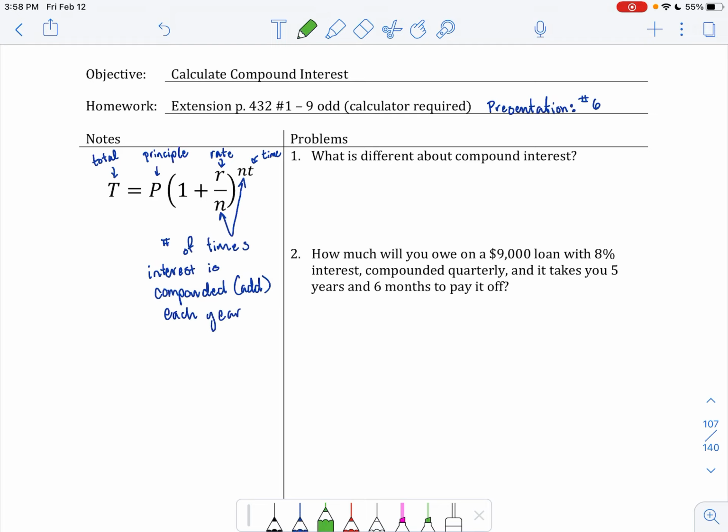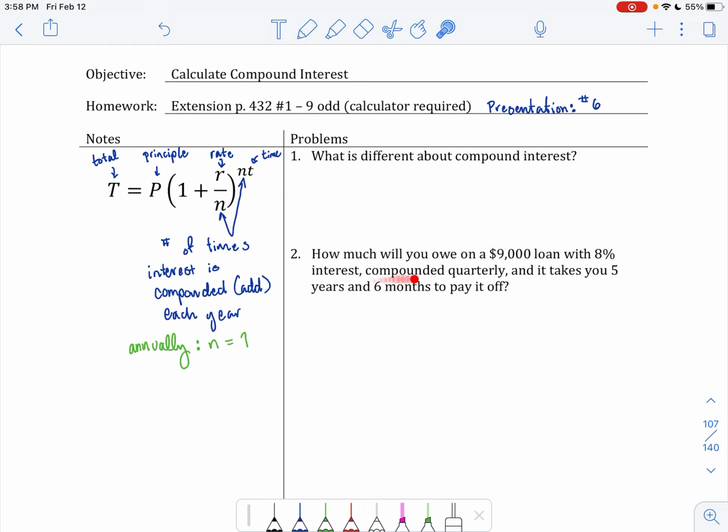Now, the number of times that it's added each year will absolutely affect the total. So if something is added annually, that's the least amount that you'll see, and this means that n is equal to 1.